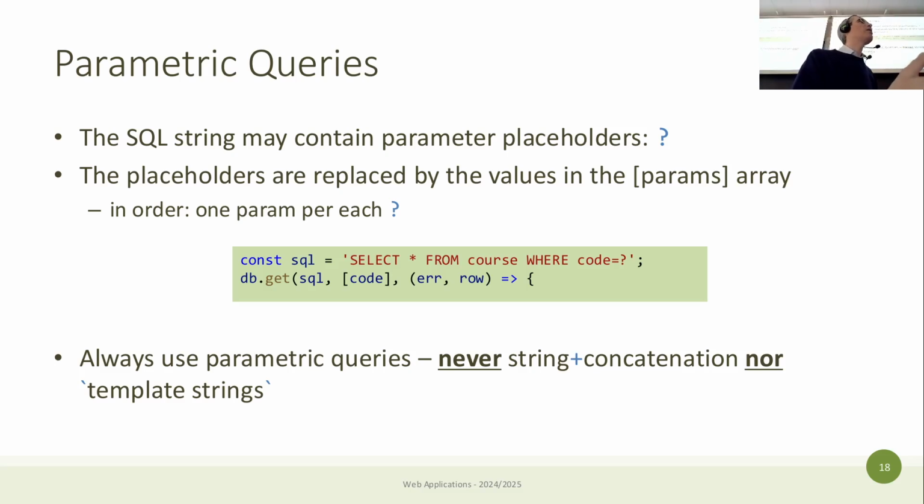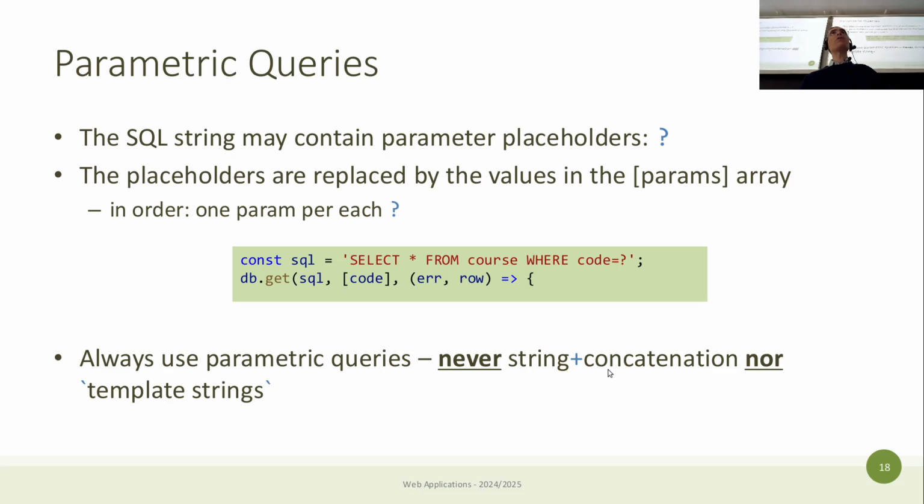If the value is a number, everything is fine. If the value is semicolon delete something, the query will do two operations. Actually, it depends on the implementation of the library, but in theory, it might happen that you do operations which are not expected. So always use parametric queries.